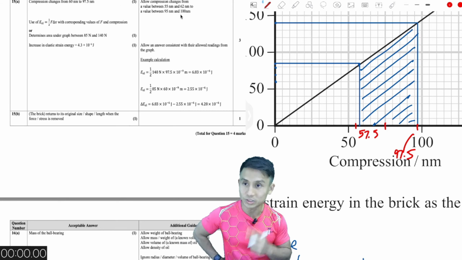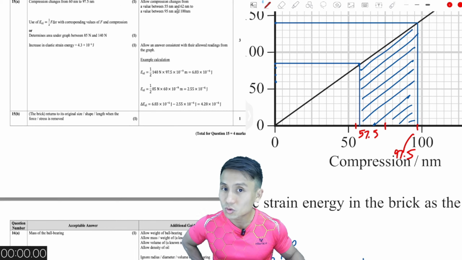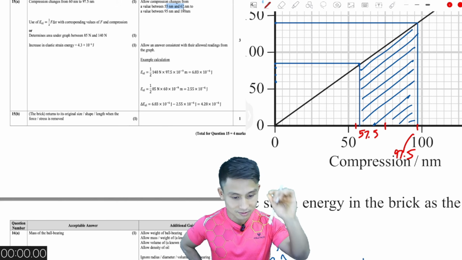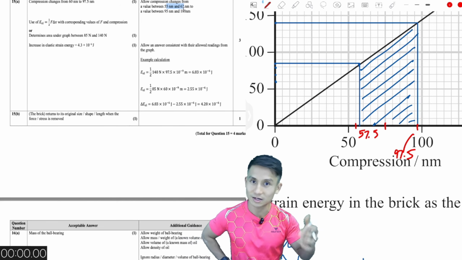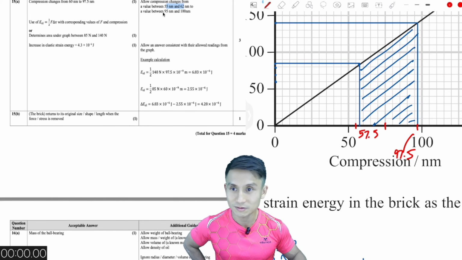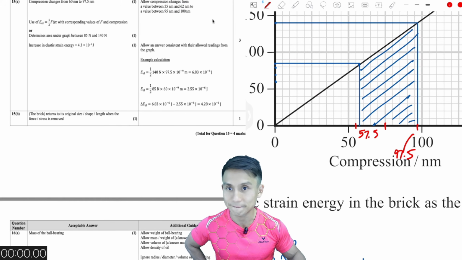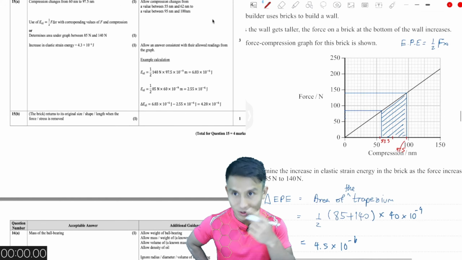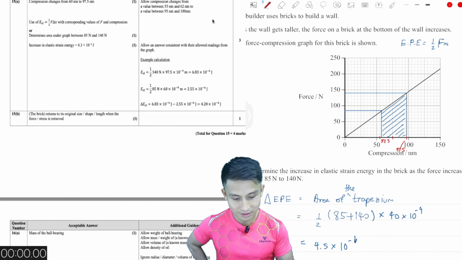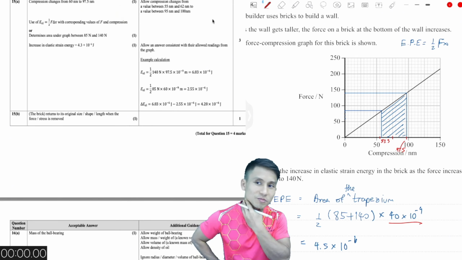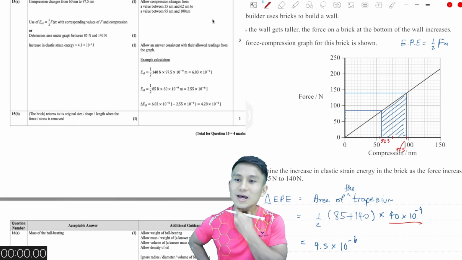That's why I got 40. So yeah, they allow this is 55. Between 55 and 62, I got 57.5, so that's fine. And the other one, 97.5, so that would have been fine. So I indicated in the graph there, but I didn't quite show the number here. Yeah, maybe that's where I lost the mark.